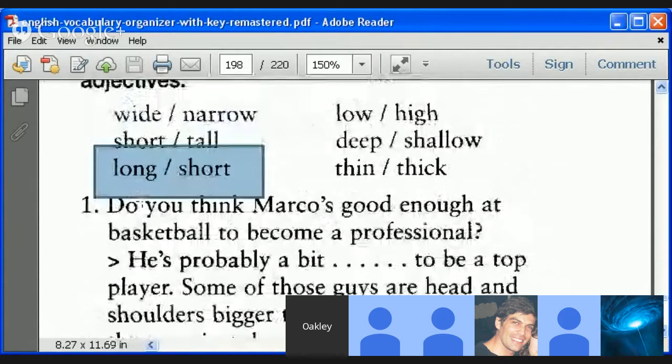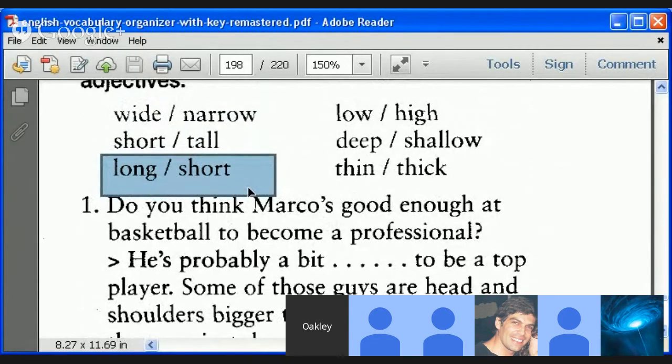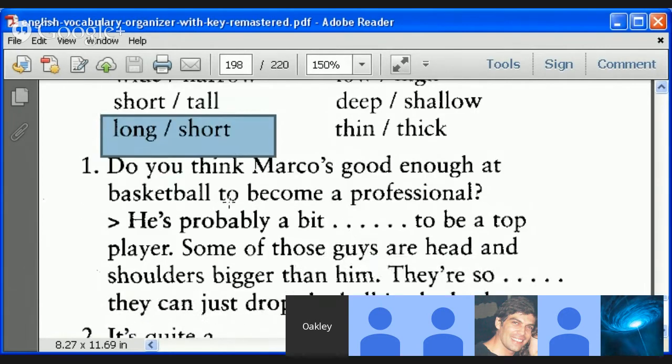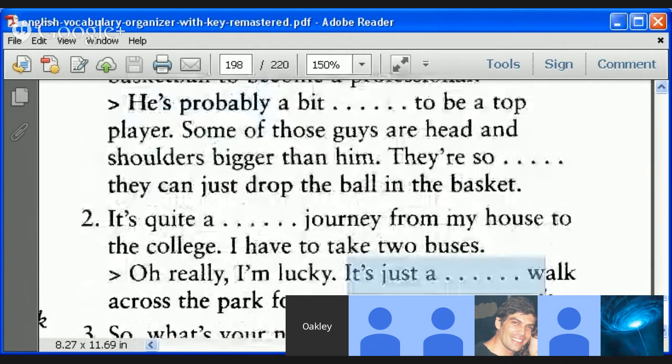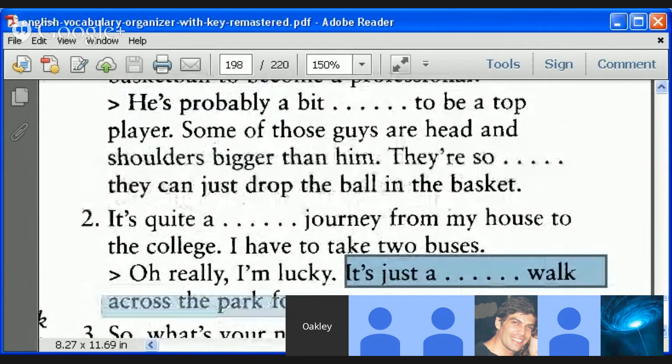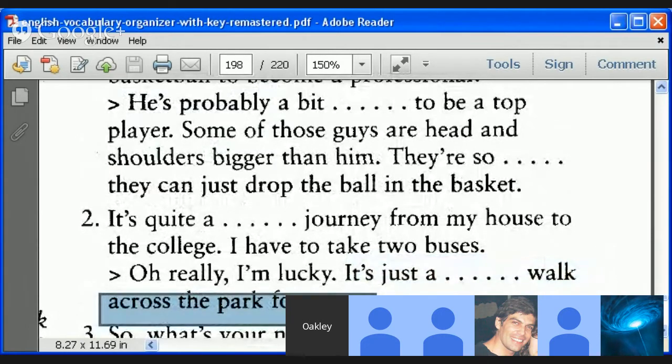Long and short can refer to the physical measured distance, how many kilometers, or it can also refer to how much time it takes to get there. Probably when he says it's just a short walk across the park for me, he's really referring to how much time it takes.